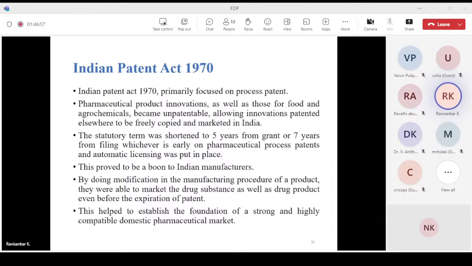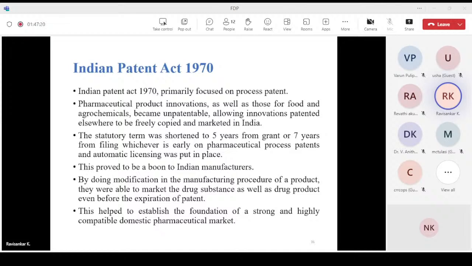These MNCs already have patents in other countries like the US, Europe and other regulated markets. Since India doesn't have patents for drugs, Indian companies copy the same process and the same product from foreign patent applications, and they prepare the same drugs in India.